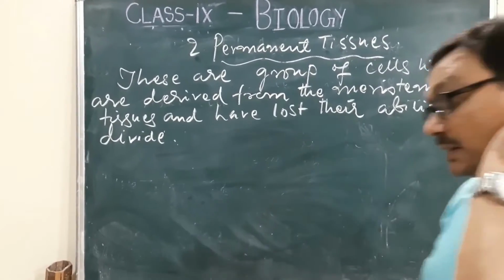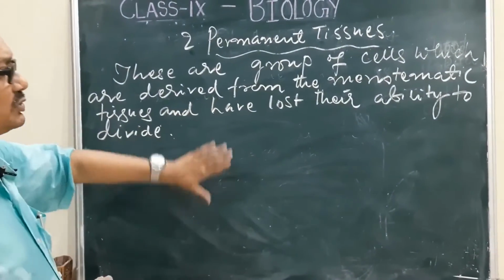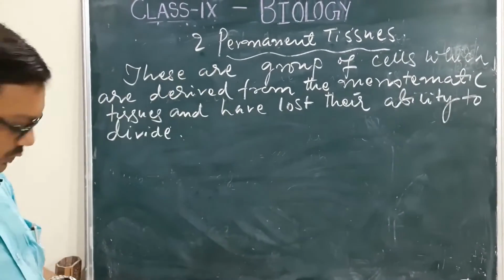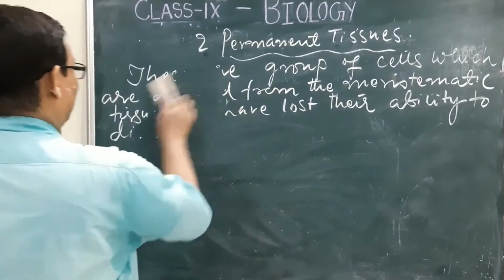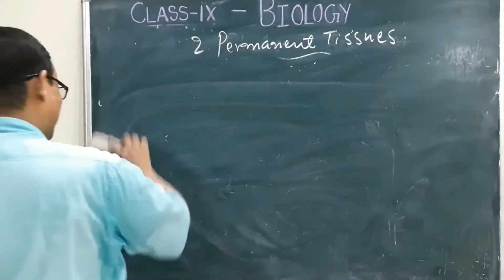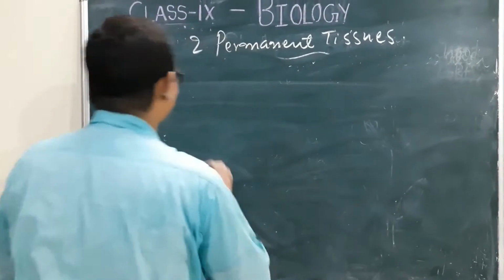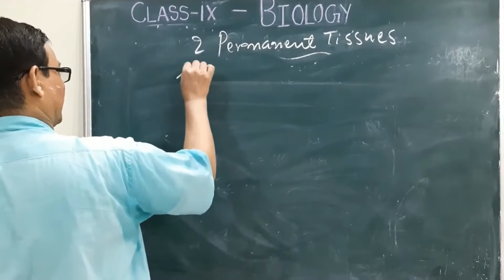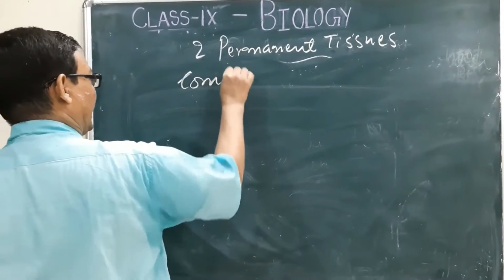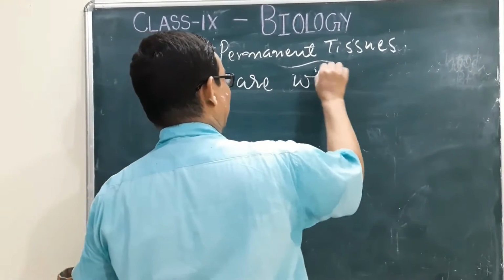First, look at the characteristic features of this type of tissue. Look here, the characteristic features. I want you to compare with meristems.